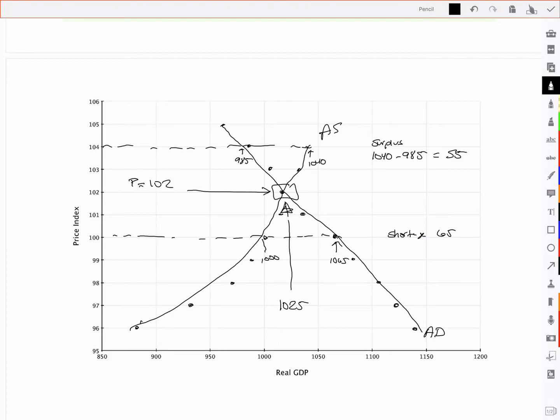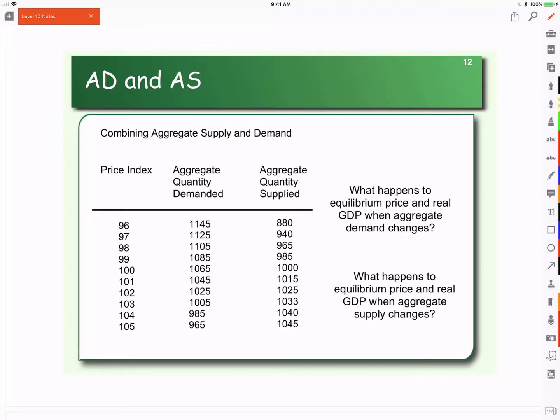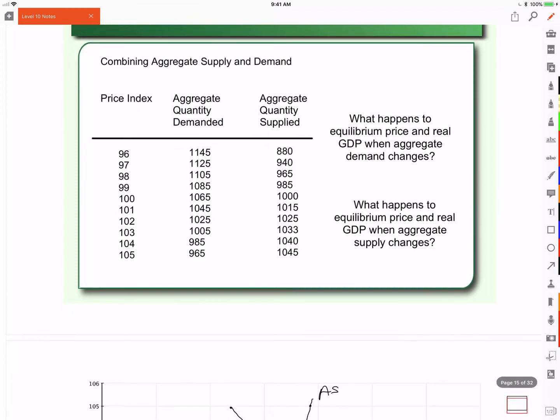All right, well, let's start to look at what happens to this equilibrium when we change aggregate demand, when we change aggregate supply. Now let's look at what happens to our equilibrium price and real GDP when we start to change aggregate demand and aggregate supply. So we're going to take the same information we had before.